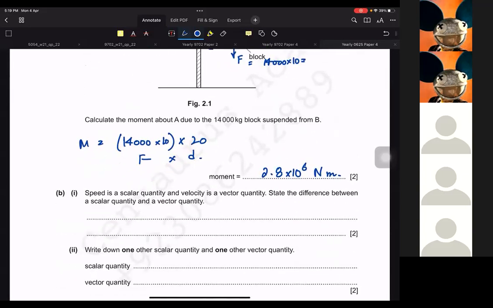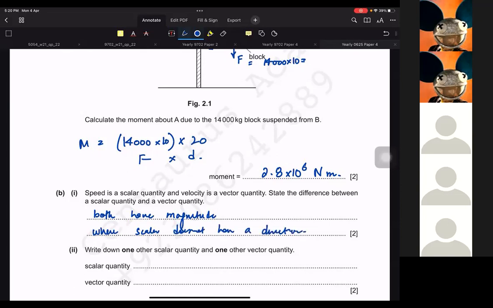Now, speed is a scalar quantity and velocity is a vector quantity. State the difference between scalar and vector. So for 2 marks, what you're going to do, right? Both have magnitude, where scalar does not have a direction.